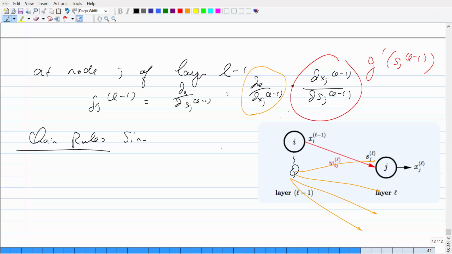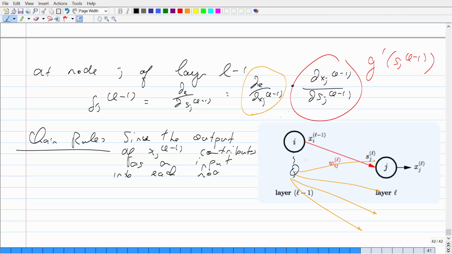So since the output of x_j of L minus 1 contributes as an input into each node, S_j of L, right, for all the nodes, for j equal to 1, 2, up to as many nodes as there are on that layer.